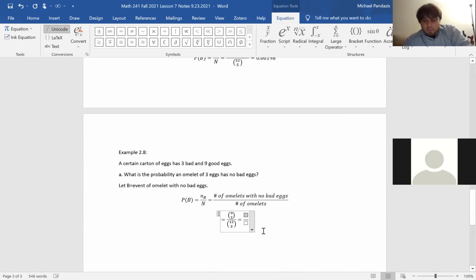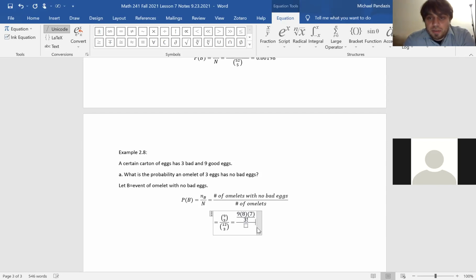So 9C3 is the fraction 9 times 8 times 7 divided by 3 factorial.